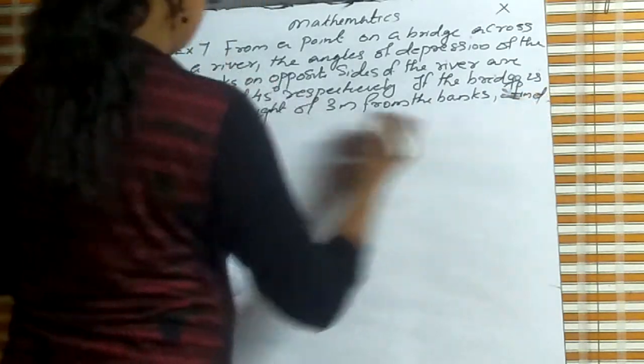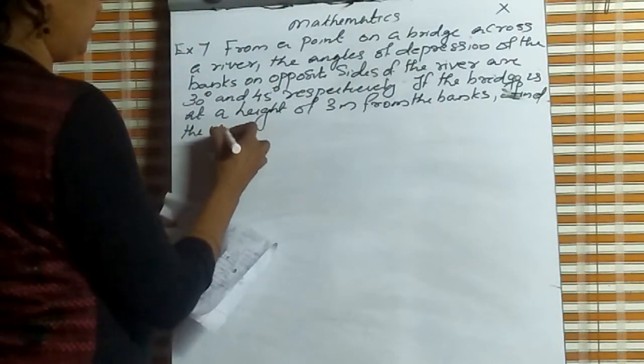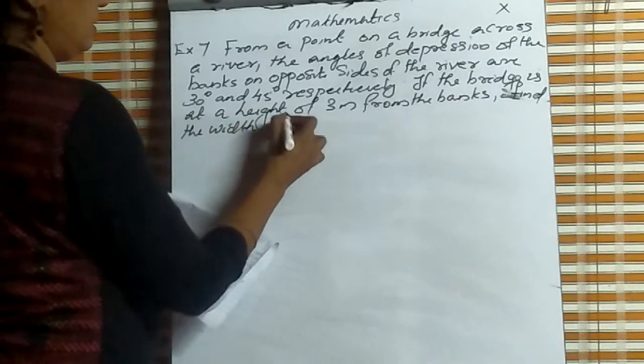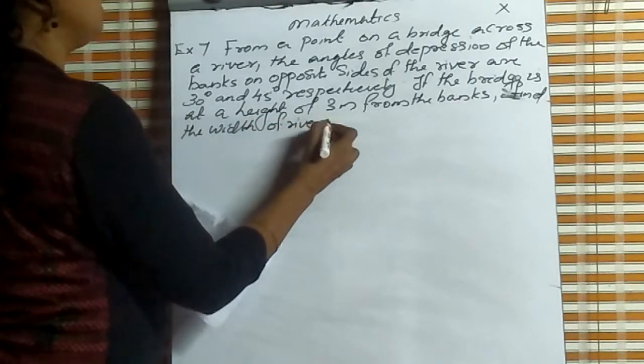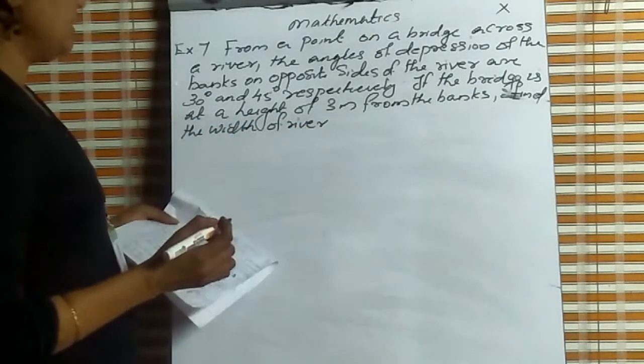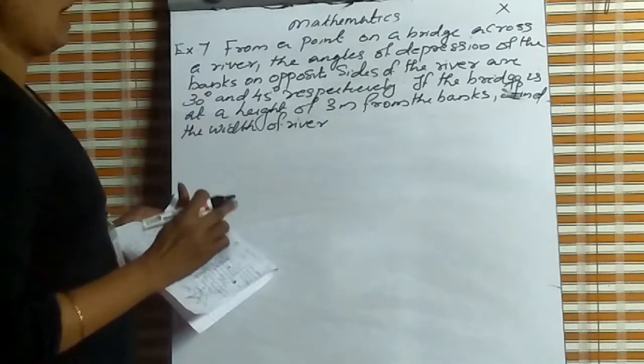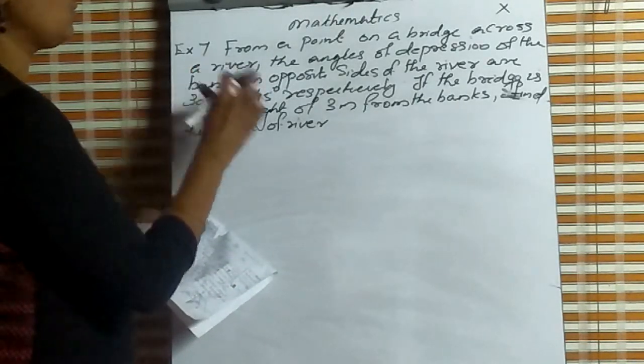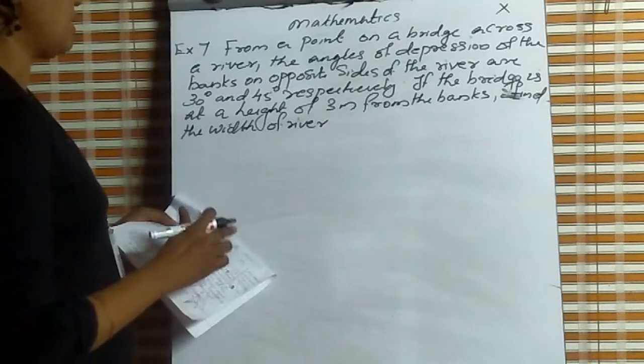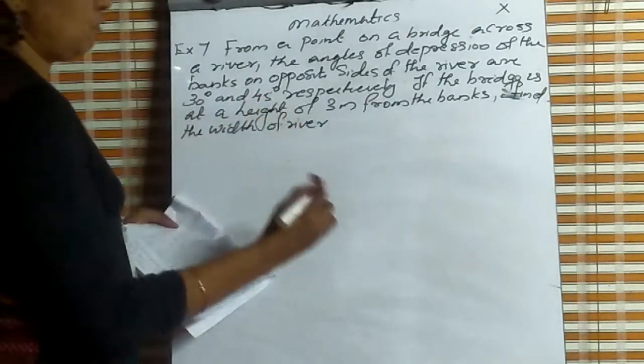Find the width of the river. Read the question. From a point on a bridge across a river, the angles of depression of banks on opposite sides of the river are 30 degree and 45 degree.